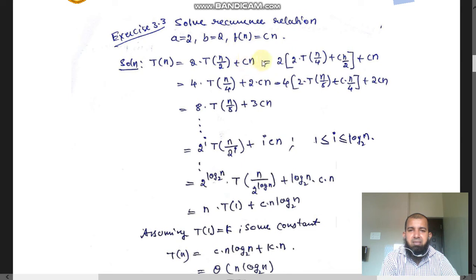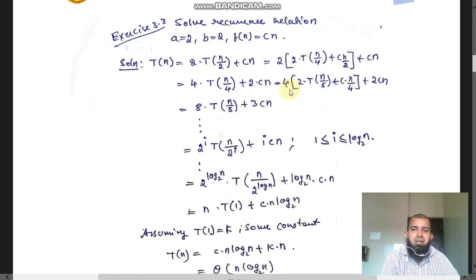Then plus cn. After simplifying you get 2 into 2, 4, T(n/4), and 2 into cn/2, the 2 gets cancelled, cn remains, and here one more cn, so cn plus cn, that is 2cn.